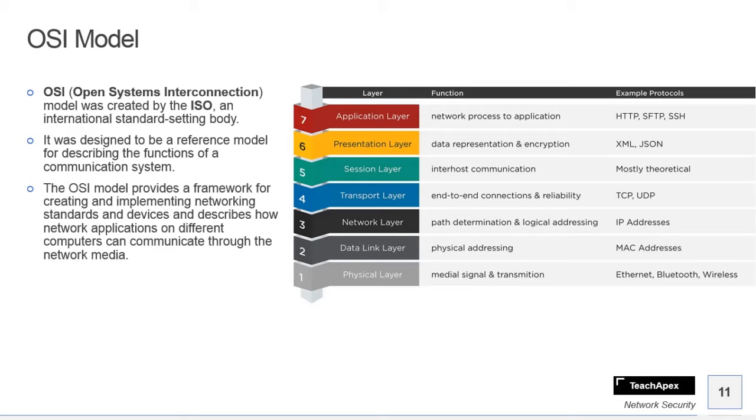Then next we have the transport layer. It supports end-to-end connection and reliability. Here we use protocols like TCP and UDP. It accepts the data from its preceding layer in the form of independent packets and transmits it to the succeeding layer in proper order.